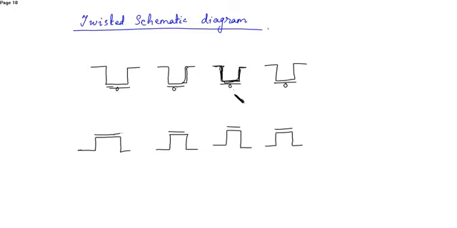So first design the inverter. This is the inverter part. So gates are shorted. This is input A, and through the drain you get the output A bar.